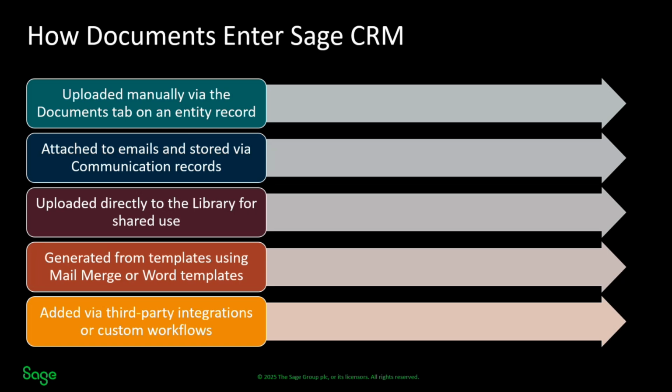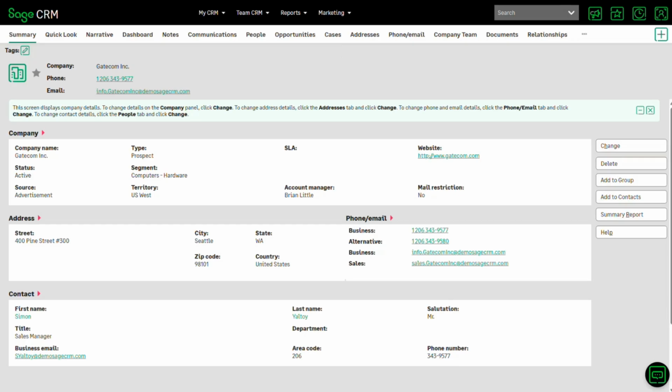We can attach emails and store them in the context of communication records. We can upload them directly into a shared library for shared use. We can upload templates using mail merge and Word templates, and we can add using third-party integrations and custom workflows. I'm going to be concentrating just on the manual mechanism at the moment.